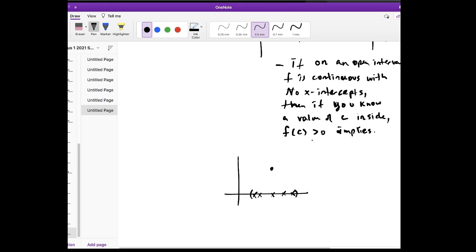Yeah, it has to be all greater than 0. There can't be anything less than 0, because what does that imply? By intermediate value theorem, if there was something less than 0, it would have to cross somewhere at an x-intercept. But we suppose that there are no x-intercepts.